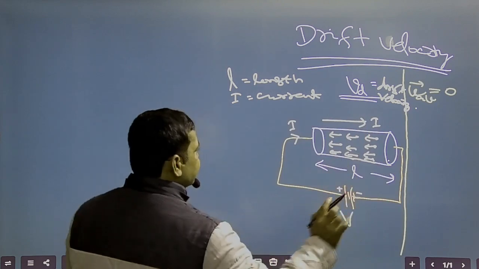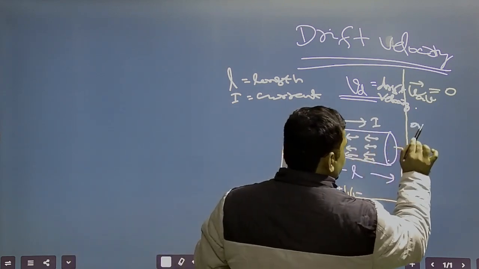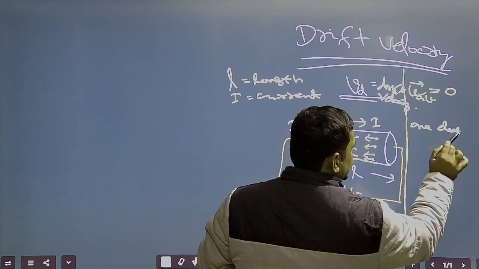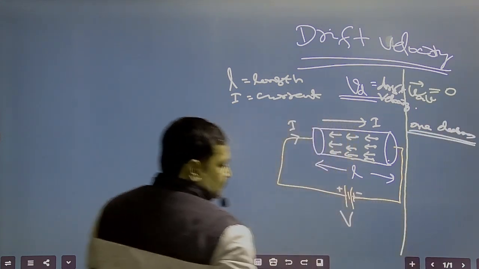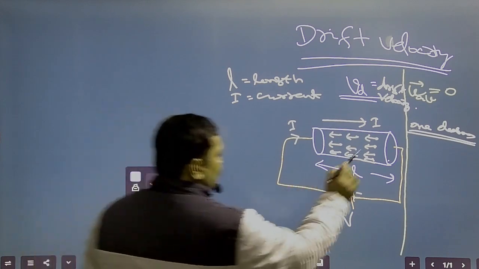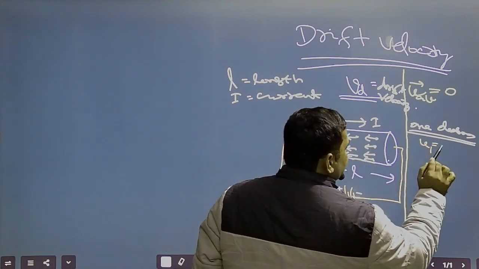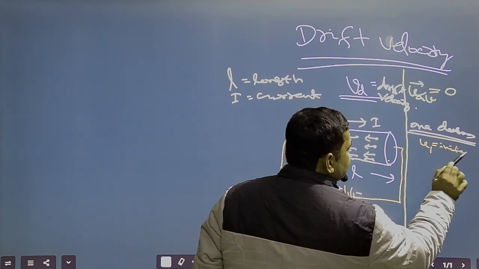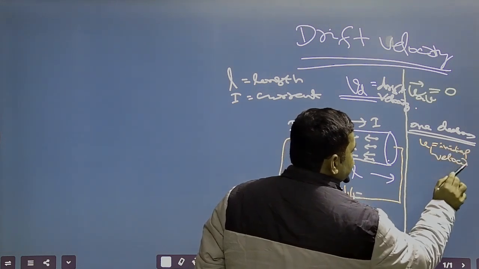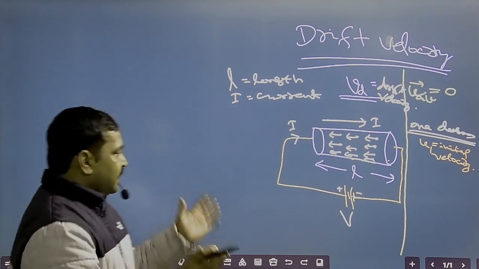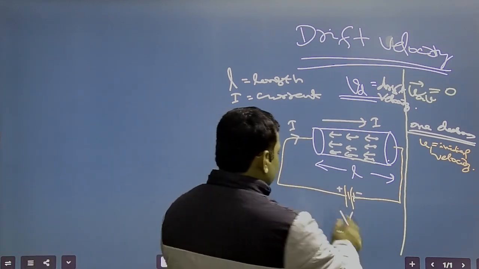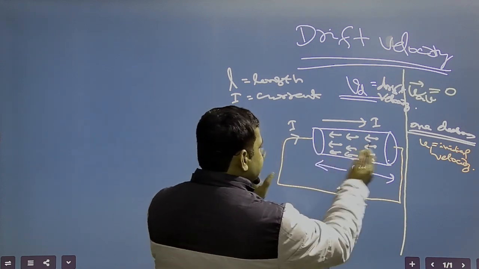We are considering only one electron, so suppose the initial velocity is u1. Similarly, what will be the acceleration when the external electric field is applied?